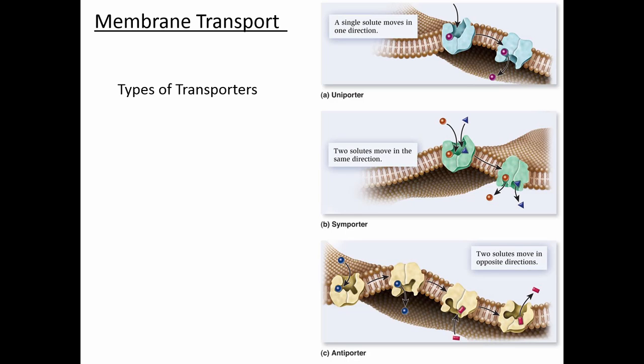Another example of that happening specifically in your body is that when you eat a meal and your blood glucose levels go up, that stimulates the release of insulin, which is a hormone. Insulin is a signal, and when it binds to target cells, it causes those cells to insert a carrier in their membrane that transports glucose into the cell.